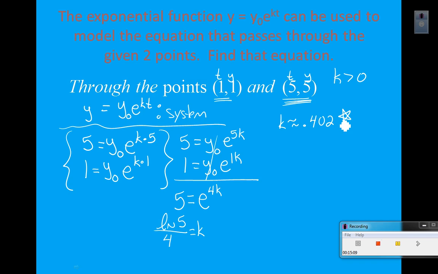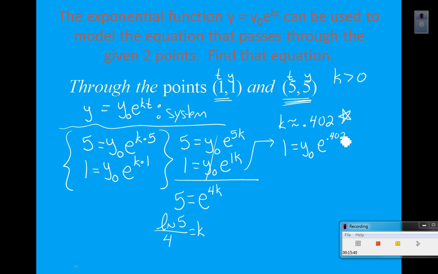Now what do you need left? Well, now we've got to figure out what y sub 0 is. So you pick either one of these equations, plug in 0.402 for k, and solve it for y sub 0. I'm going to plug it into this bottom equation, because that looks easiest to me. So it's going to look like this: 1 equals y sub 0 e to the 1 times 0.402.